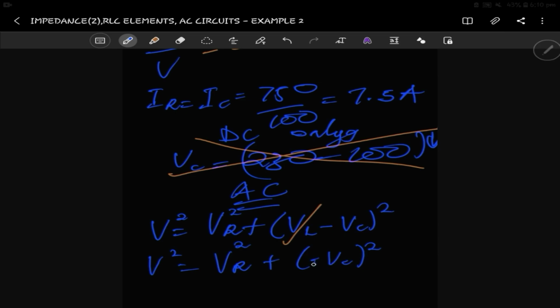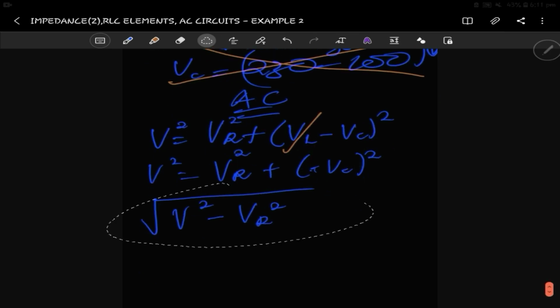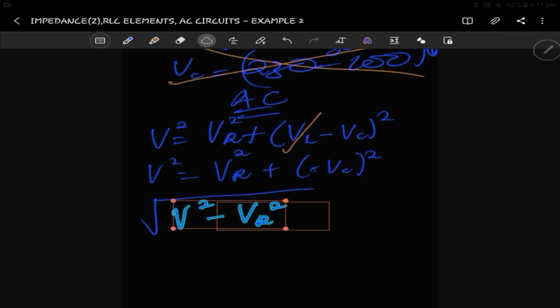In order for us to get our VC, we will use the square root of V squared minus VR squared, and this will give us the VC that we are looking for.